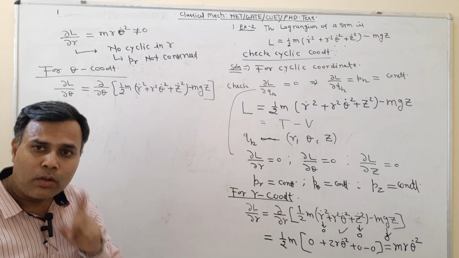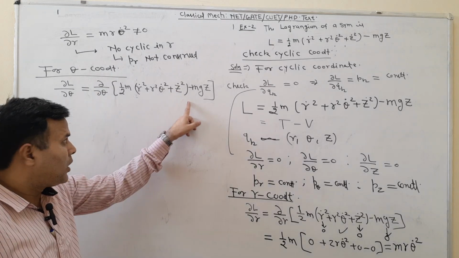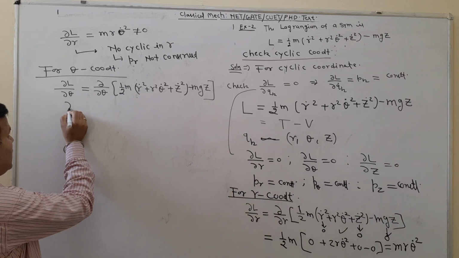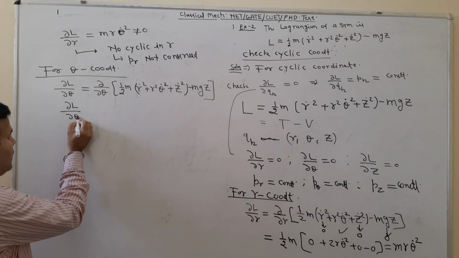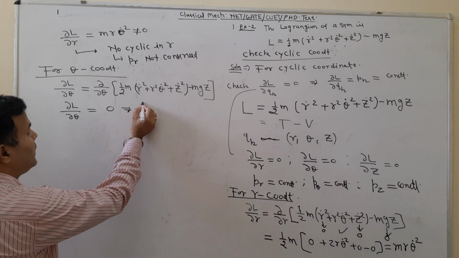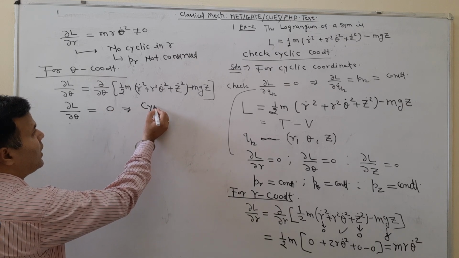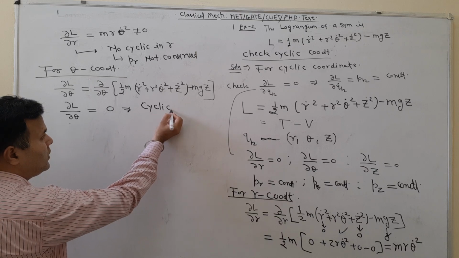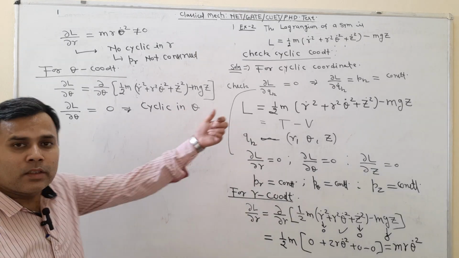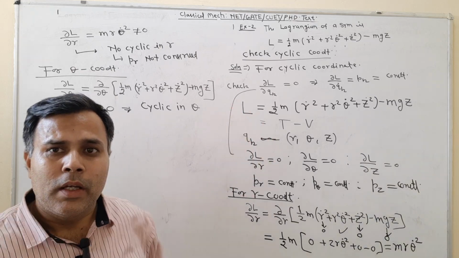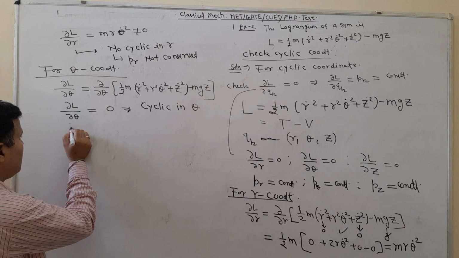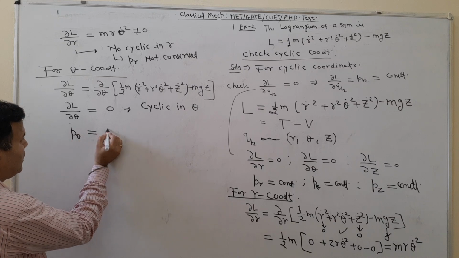We have theta dot, but there is no theta coordinate. So this will give 0. So del L upon del theta is 0, which implies that it is cyclic in theta. So this Lagrangian system, or this dynamical system, is cyclic in theta, which means P theta is constant.